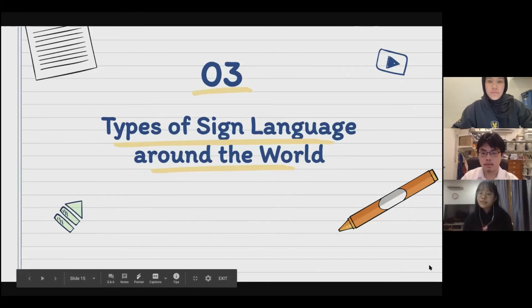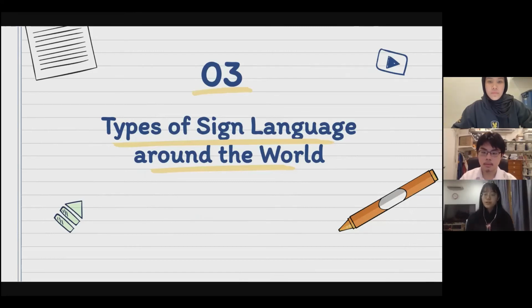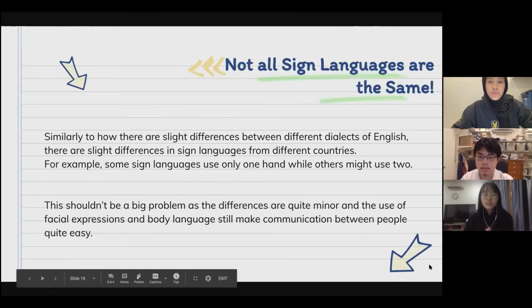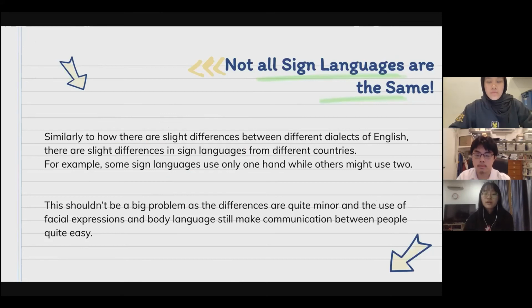So believe it or not, the sign language that we just taught you, ASL, is not the only sign language in the world. Similar to how there are different dialects in English, there are also different sign languages around the world. This applies not only to English, but to different languages.